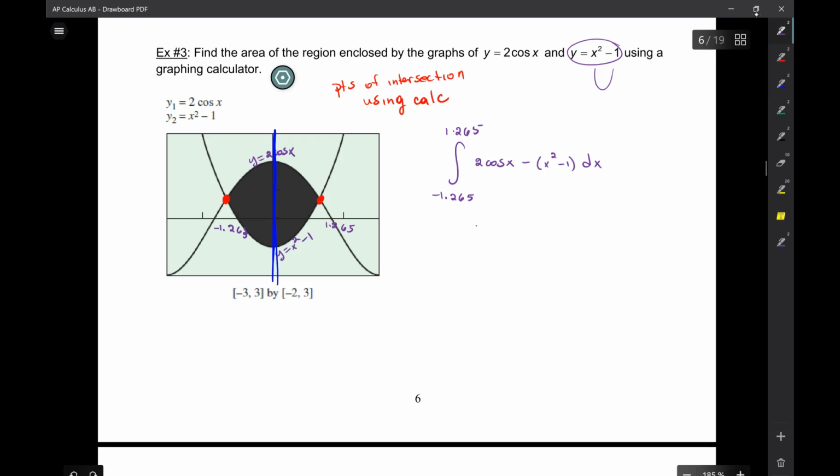So you could go from 0 to 1.265 of 2 cosine x minus x squared minus 1 dx, but put a 2 out front. Okay? Either or. Obviously not in any other combination.